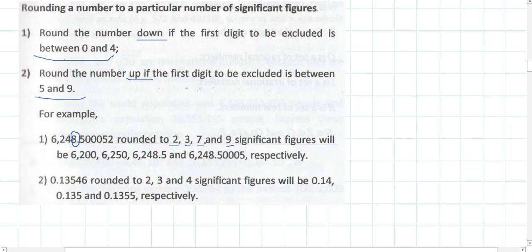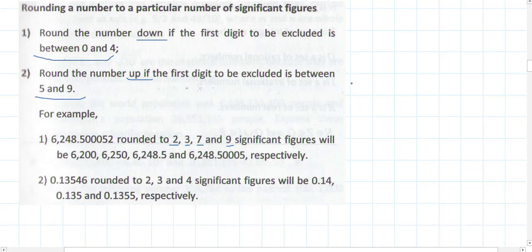If it is 7 significant figures, let's move to the 7th: 1, 2, 3, 4, 5, 6, 7. Here it is 0, and after the 7th is again 0. So it will be just 6248.5.